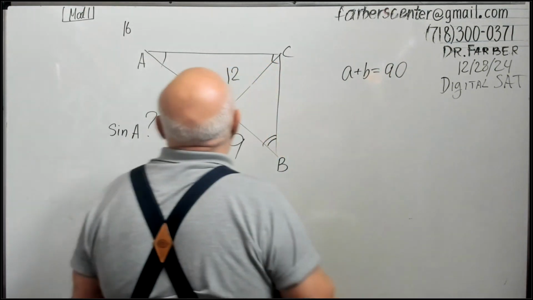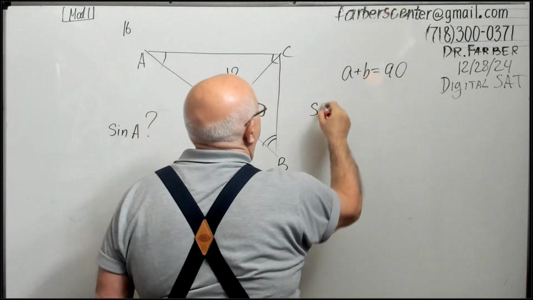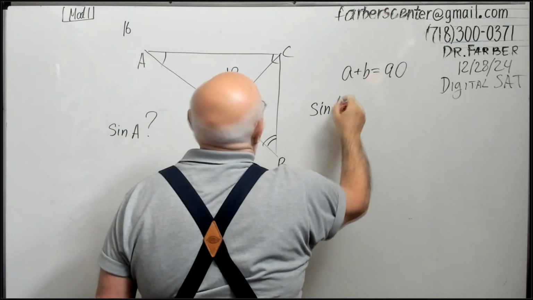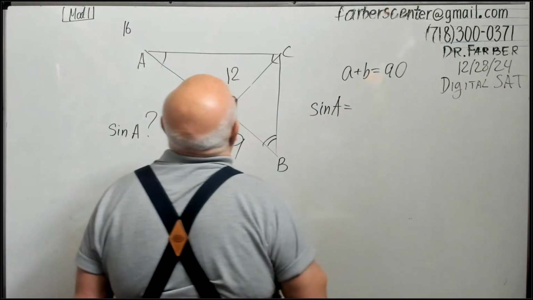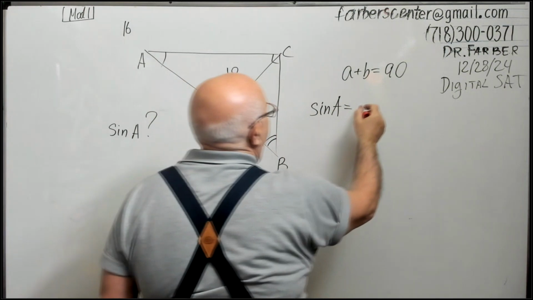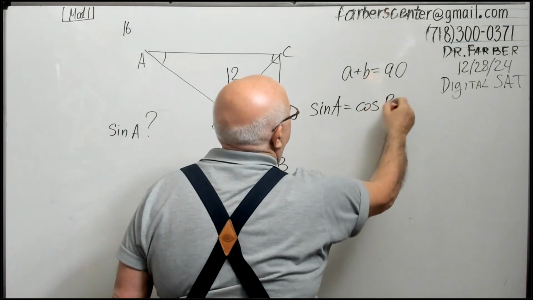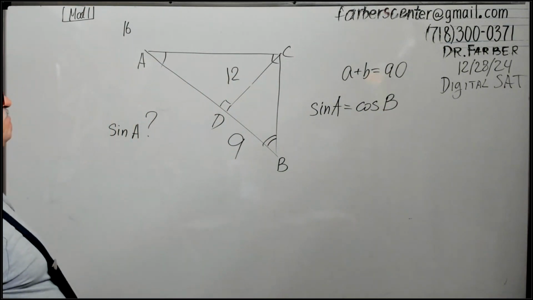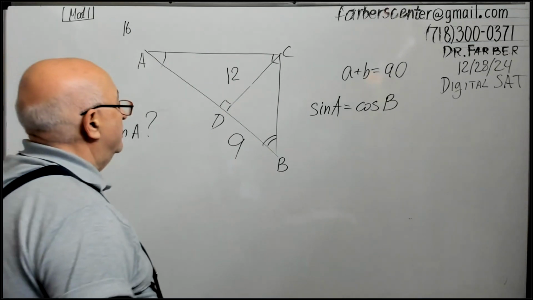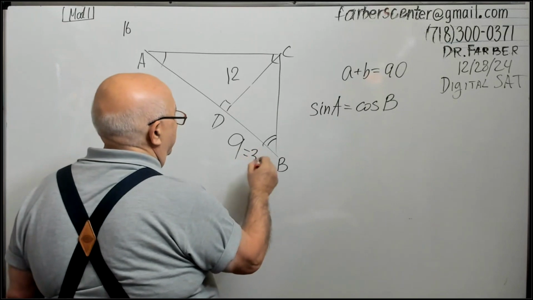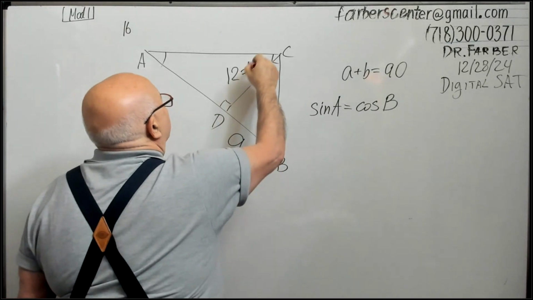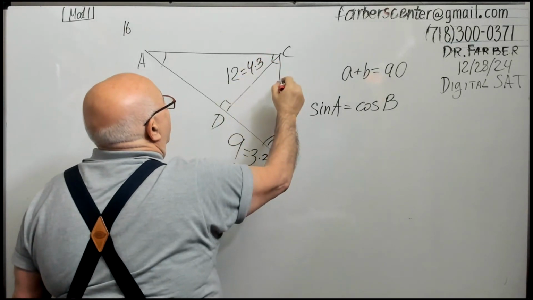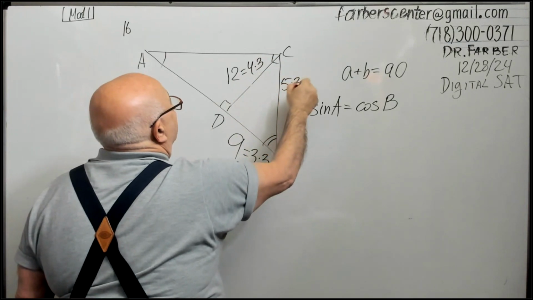If A plus B is 90, so sine of A, according to the cofunction property, is equal to cosine of B. We did many times. You know this, right? And to find cosine of B, we need the hypotenuse. This is 3 times 3. This is 4 times 3. According to the Pythagorean triple, this is 5 times 3, 15.